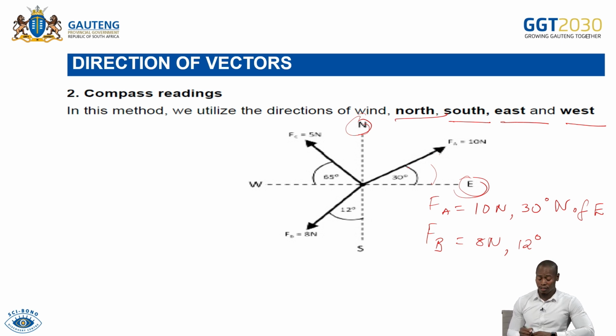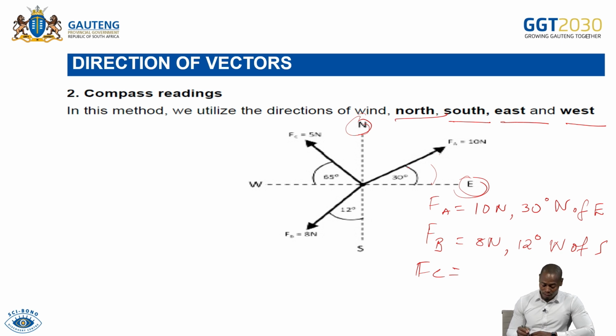The force, remember, is between west and south, so we'll say 12 degrees west of south. If I say of south, I'm counting 12 degrees from south. So it's 12 degrees west of south. Then let's look at FC.